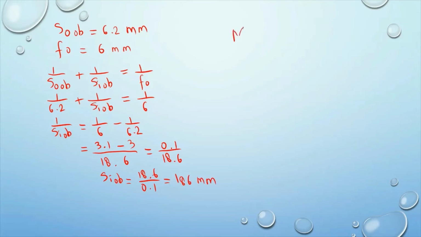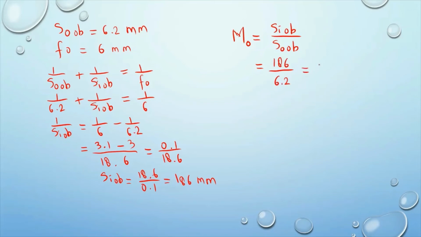Because the magnification of the objective lens equals the linear magnification, we will use the equation M_O equals S_IOB over S_OOB. S_IOB equals 186 over S_OOB, which is 6.2.